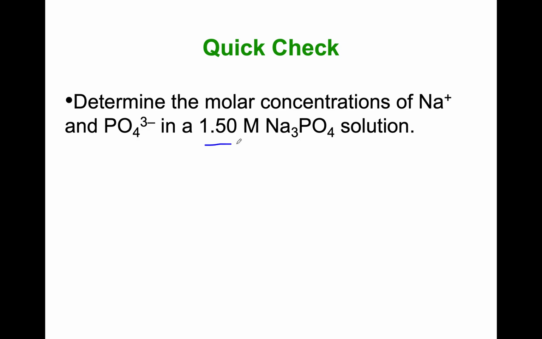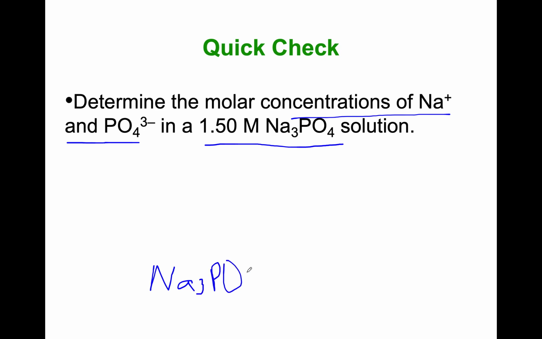You have a 1.50 molar sodium phosphate solution. What's the concentration of sodium? What's the concentration of phosphate? A good idea is to think about how many ions. Remember when it dissolves, just like I did before, draw out an equation of this: Na3PO4 goes into the ions, and that's Na+.